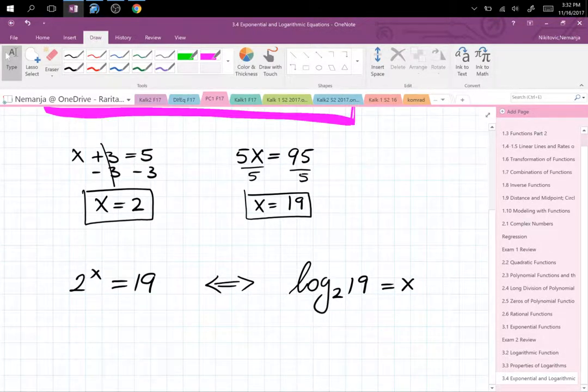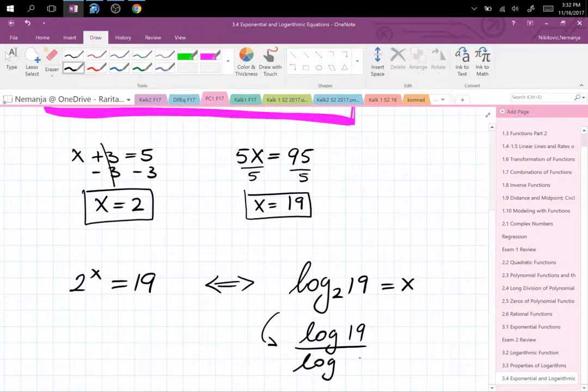Now you can use change of base to calculate log base 2 of 19, which is log base 10 of 19 divided by log base 10 of 2.